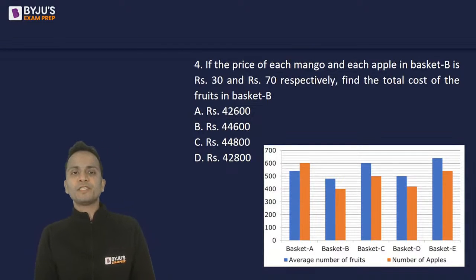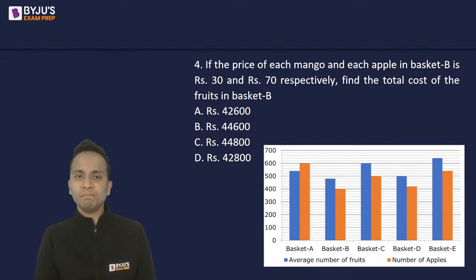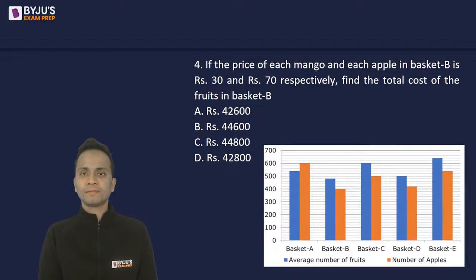Now question number 4, if the price of each mango and each apple in basket B is 30 and 70 respectively, then find the total cost of fruits in basket B. Now this question requires some calculations.